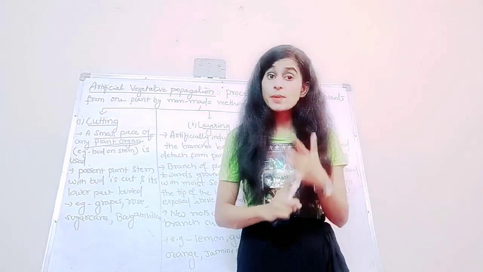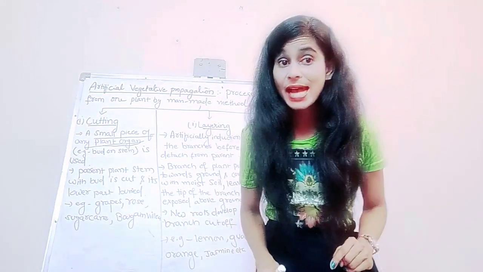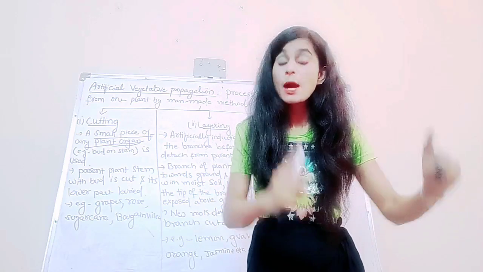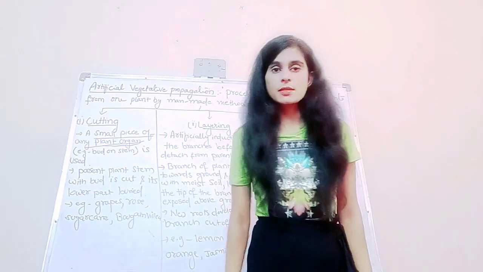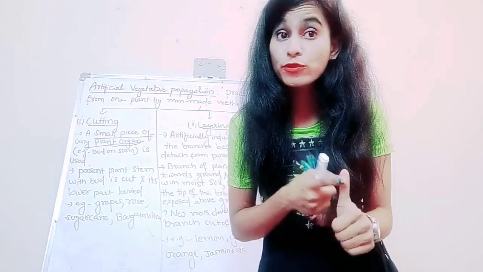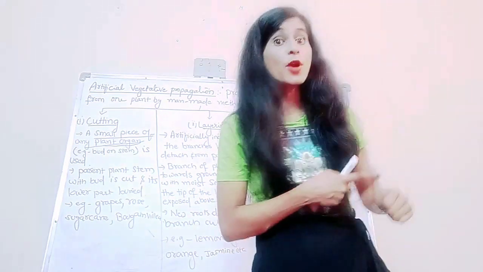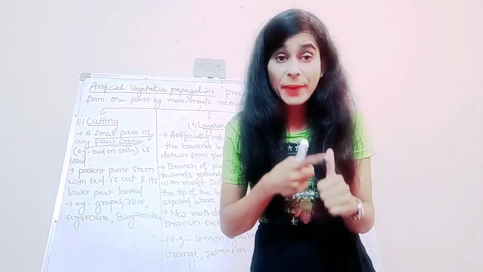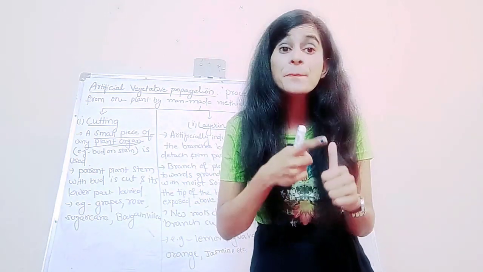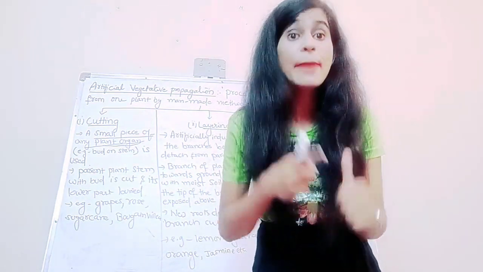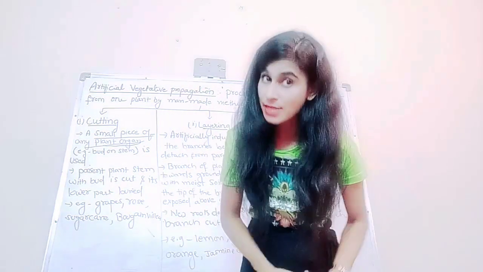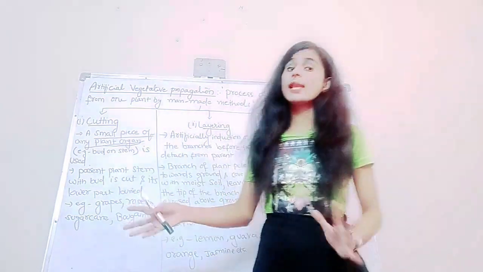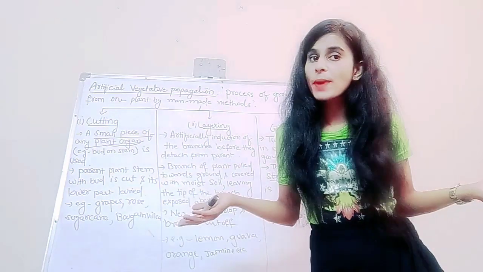The most important thing to remember is that it uses a part of the parent plant, mostly a bud or node on the stem, which is then buried in the soil, and finally we get a new plant.